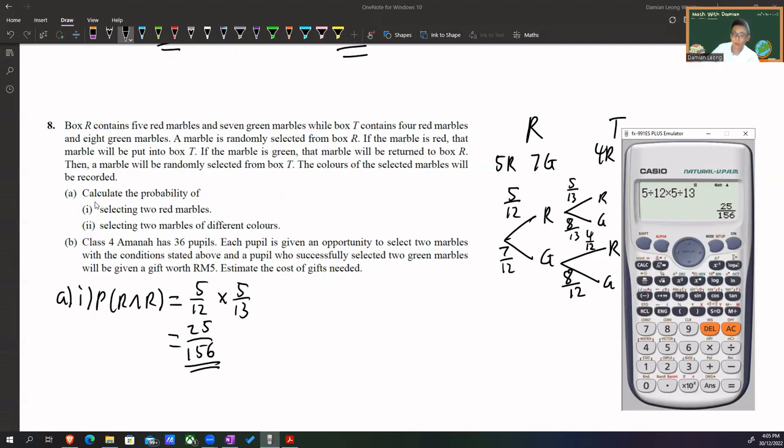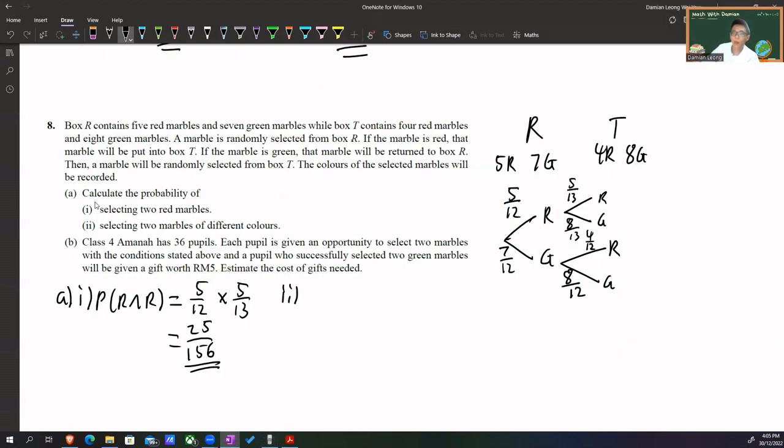Then probability of selecting 2 marbles of different colors. Different colors means it can be red and then green, or again all with plus, it can be green and then red. If red and then green, 5 over 12 times green 8 over 13, plus green and then red.